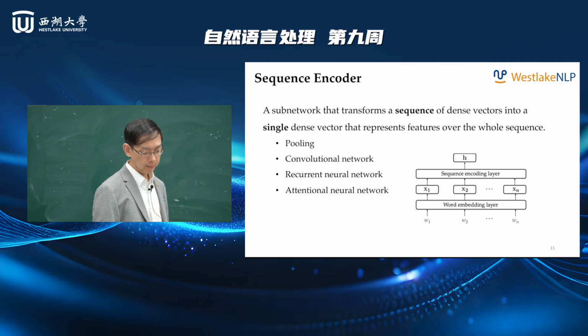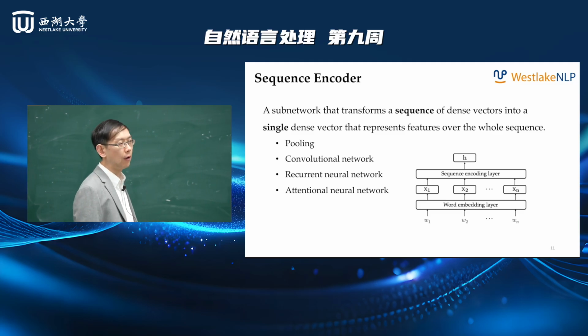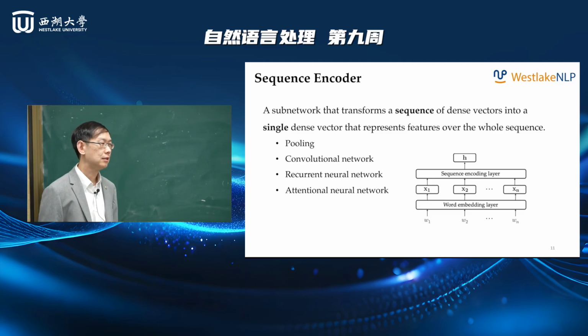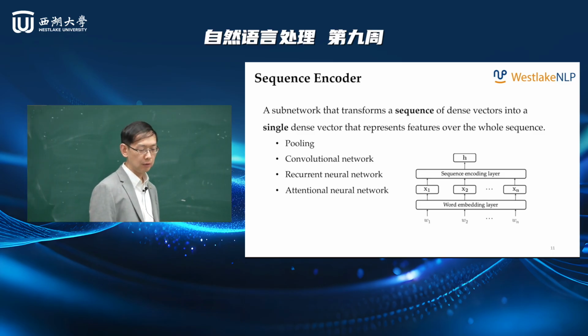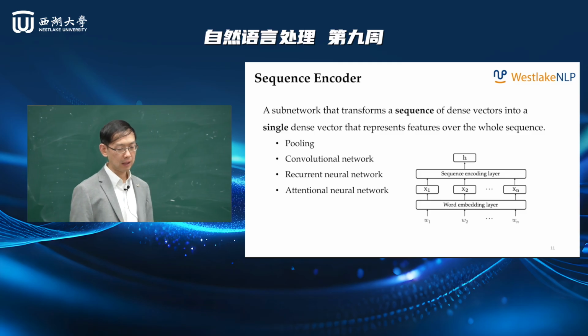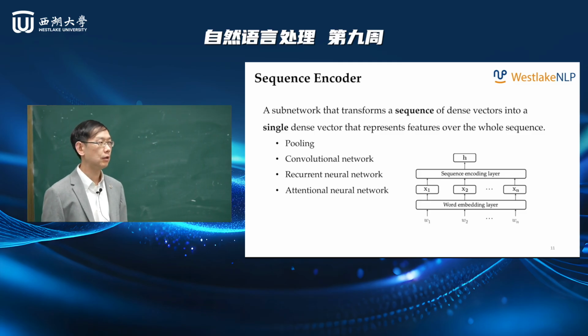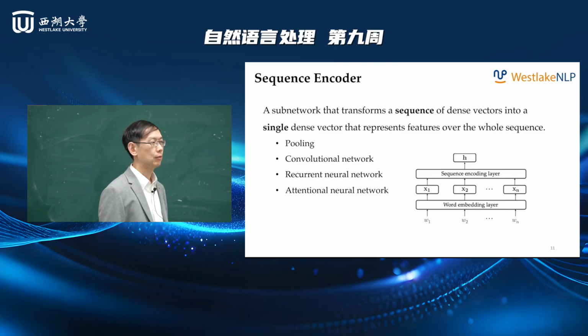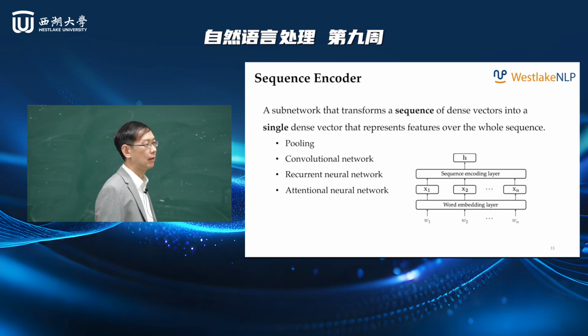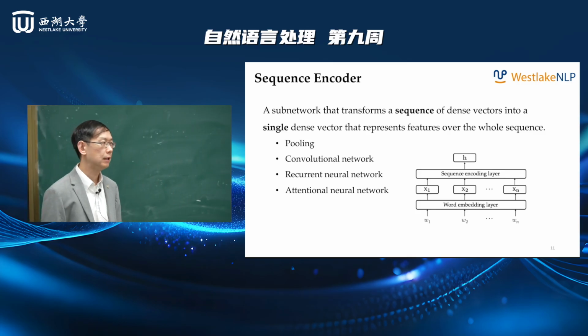We basically have 4 things to discuss subsequently. One is called pooling, one is called convolutional neural network, one is called recurrent neural network, one is called attentional neural network. These are the classical neural network architectures you can find in NLP.